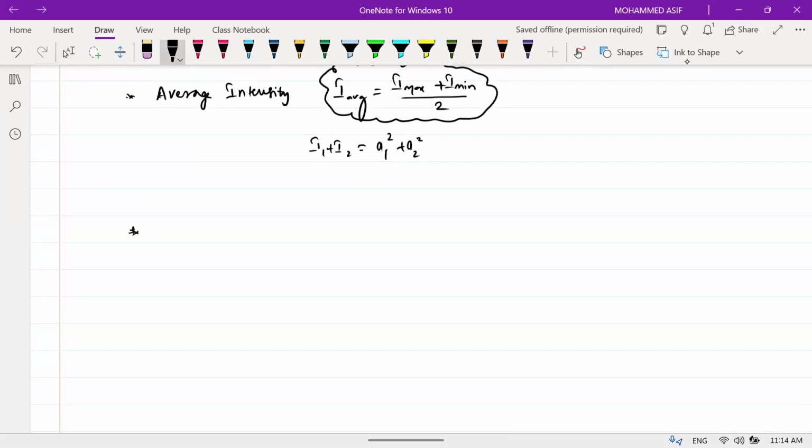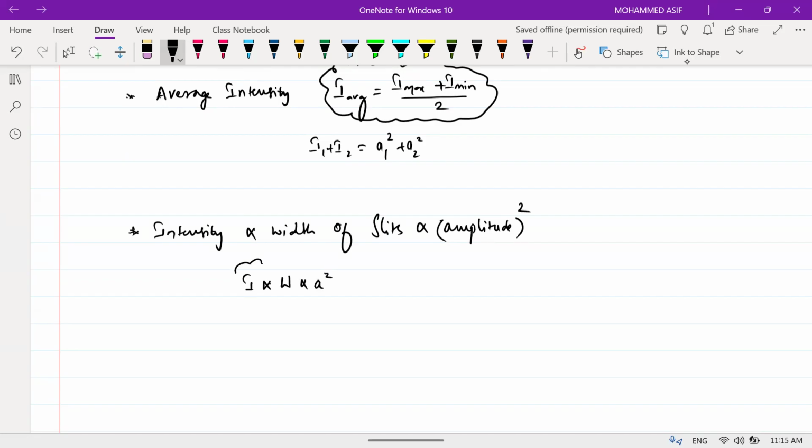And one more very important point is intensity is directly proportional to width of slit, and it is directly proportional to the square of amplitude.